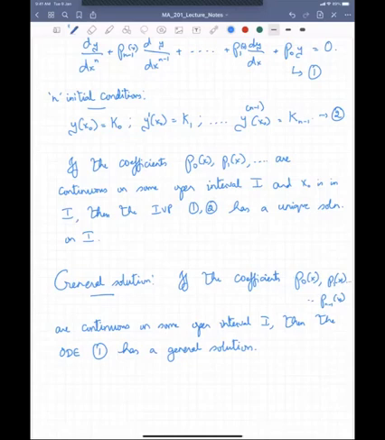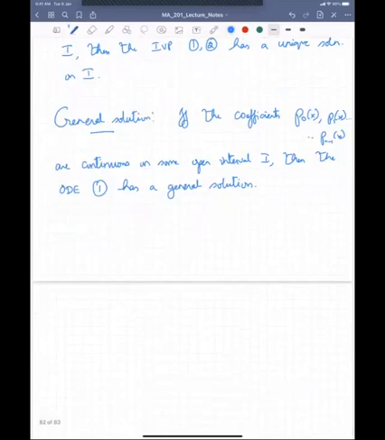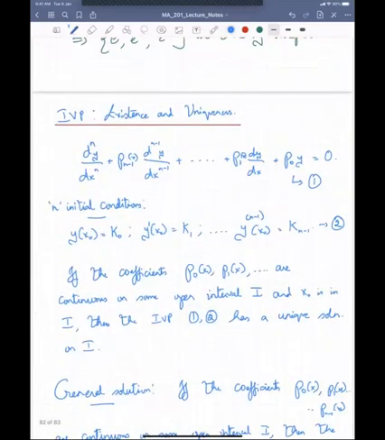Once you specify your general solution, you appeal to the initial conditions to fix the constants, and once you fix the constants, you can write down the solution in a unique fashion. The first statement is that this particular solution is unique as long as the coefficients p(x) are continuous. The second statement says that, forgetting about the initial conditions, this differential equation always has a general solution on some open interval as long as all these functions p0, p1, etc. are well behaved in this open interval.